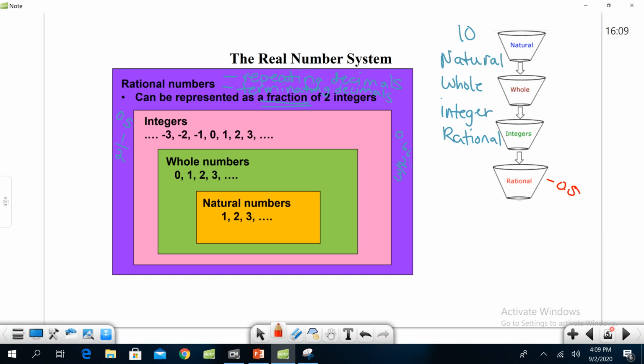So if I'm thinking of where my numbers start in these cups, and I were to put a 0.5 in here, it would not be an integer, it is not a whole number, and it is not a natural number. It's just in my rationals cup. And 10, well, 10 started here. So this cup is now in this cup, which is in this cup, which is in this cup, all the way down.